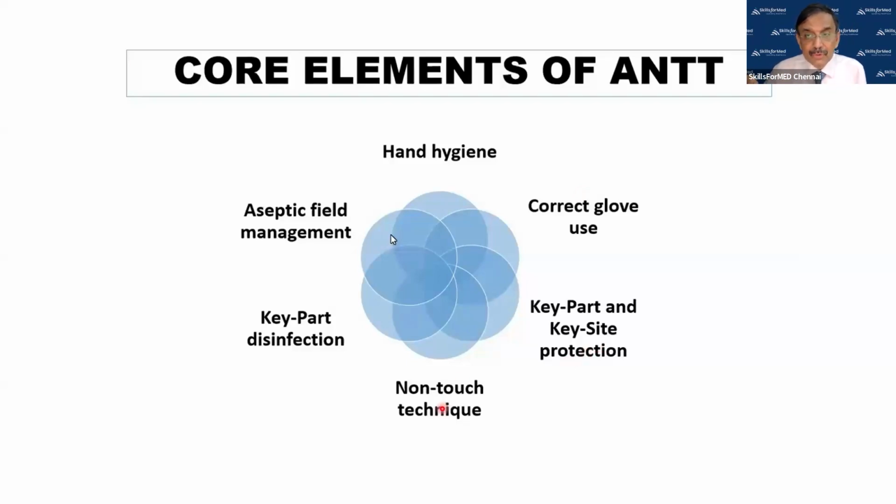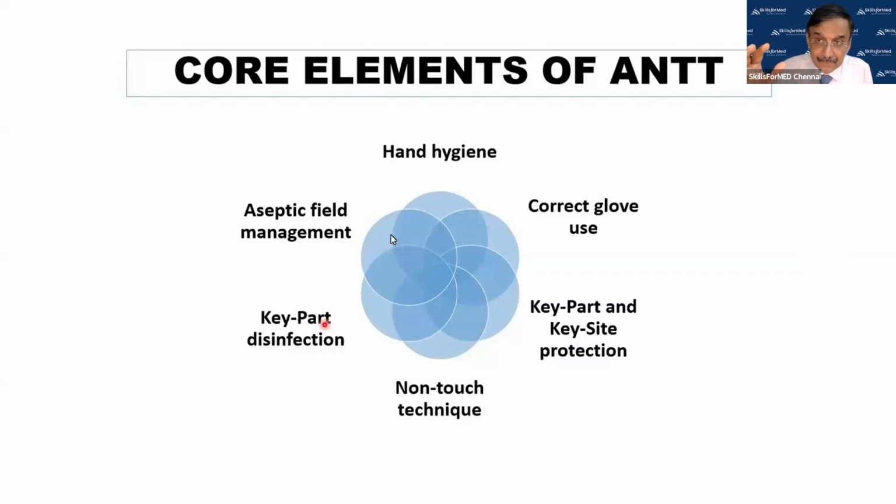As much as possible, do not touch these key parts and key sites. If at all you have to touch, you have to then use a sterile glove. Otherwise, you can use a non-touch technique. Then you have to disinfect the key site. I'm sorry, there's a mistake here. It's key site disinfection. The area of the patient where you're going to pierce or make the incision has to be disinfected.